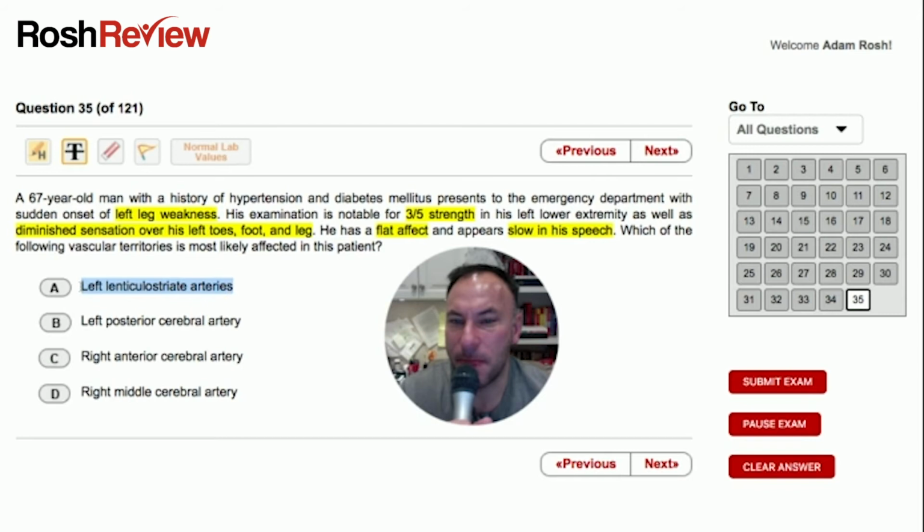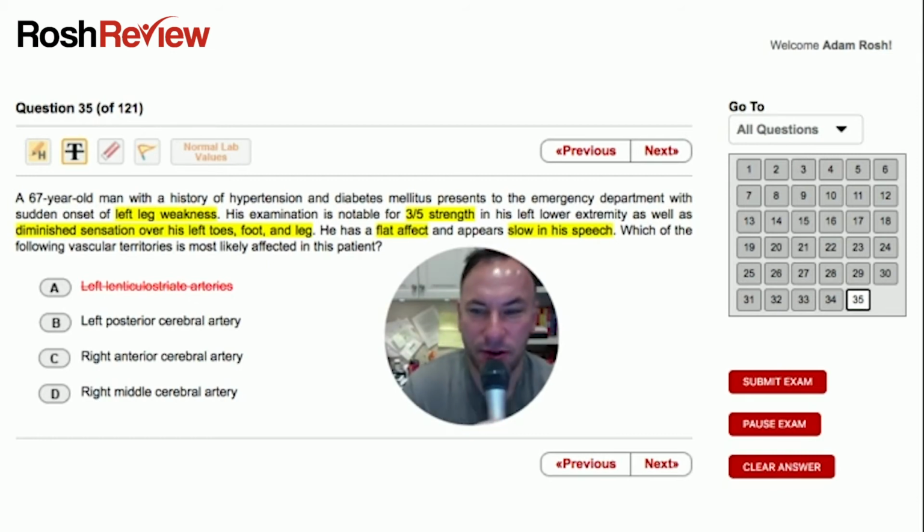So let's do that. Now we go to answer choice B, left posterior cerebral artery. For exam purposes, anytime we're talking about the left posterior cerebral artery, this supplies the occipital lobe. I always think that the patient will have visual symptoms, right? They may have visual field cuts.